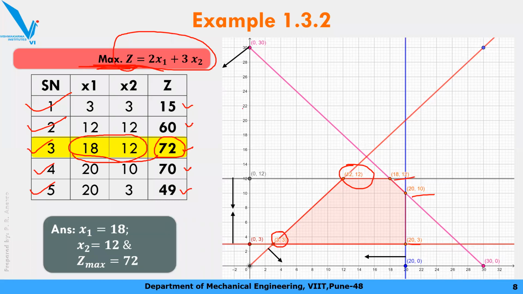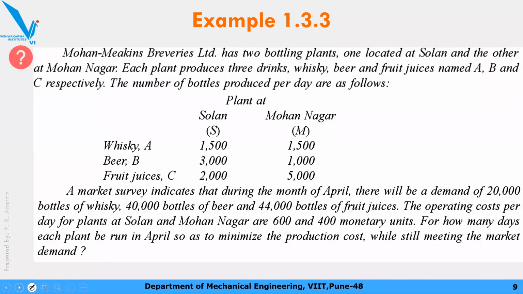Okay, so again we will brush up the method for the next example. But what is different here is the objective function minimization. Also you are going to understand another term called an unbounded solution. So let's go to the next problem statement.